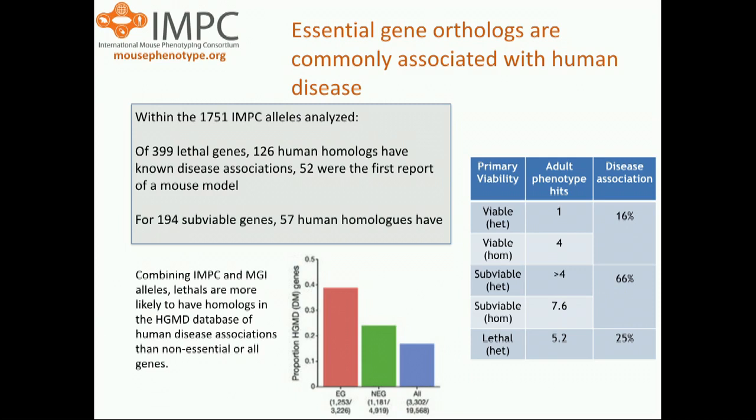If you look across the different classes, viable, subviable, and lethal, and we characterized in some cases for the subviables both hets and homs, you find a real richness in the phenotype hits that you can recover from these animals, providing a lot of information to compare against disease profiles. In the percentage of disease association, the subviables are a really rich class, where about 66% of those genes are associated with some type of disease.